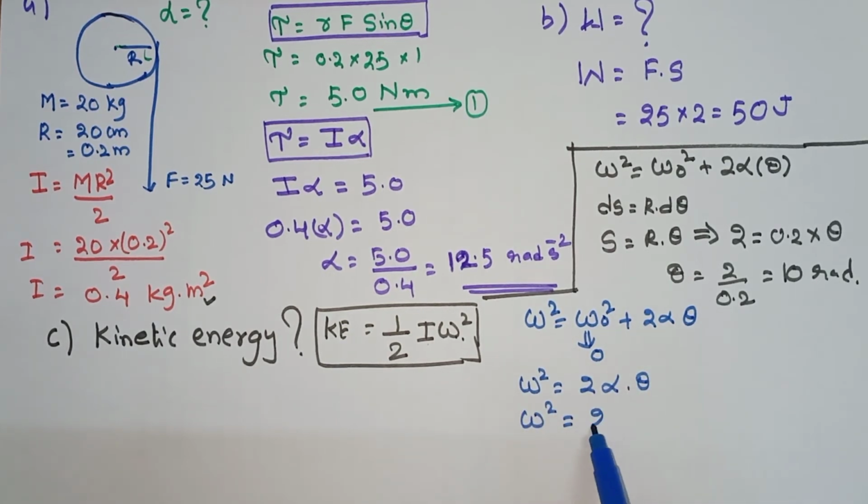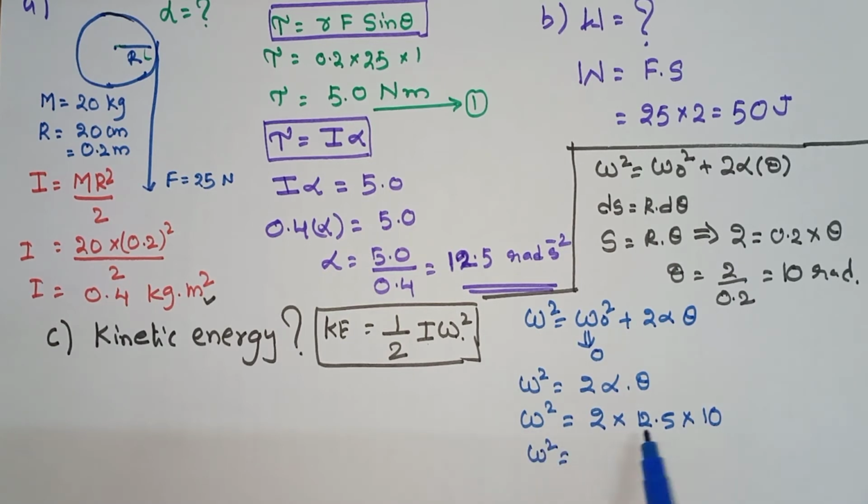Omega square is equal to 2 into alpha 12.5 into theta 10. Omega square is equal to 20 into 12.5. What is that? 25 into 10, 250, right? This is omega square.